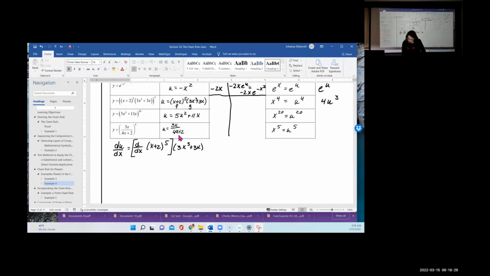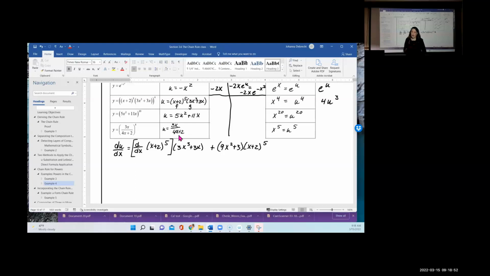And then the next thing I'm going to do is take g prime. So I can do the derivative of the second factor, which is 9x squared plus 3, times the first one, which is x plus 2 to the 5th.